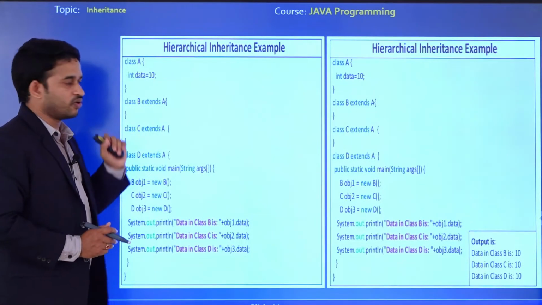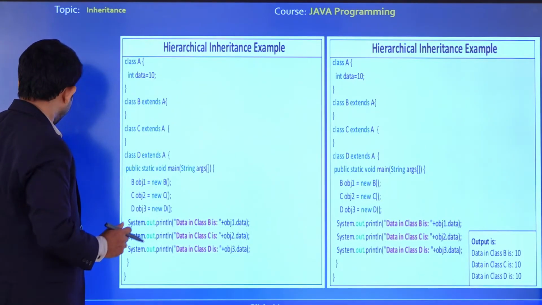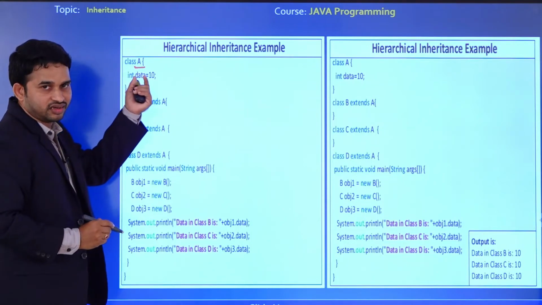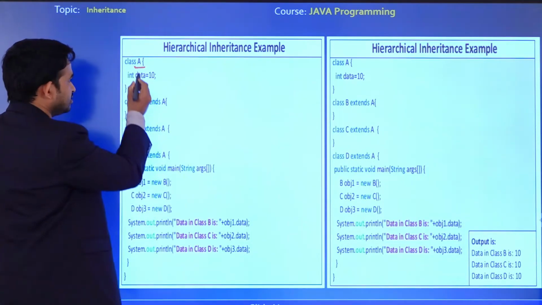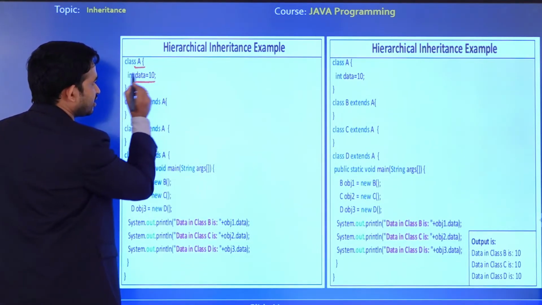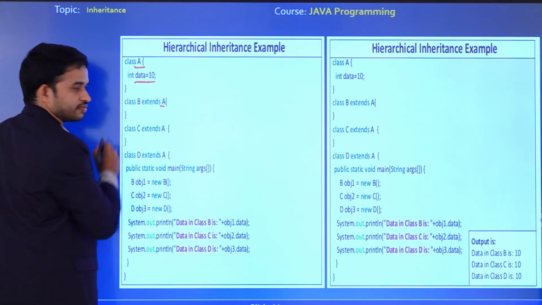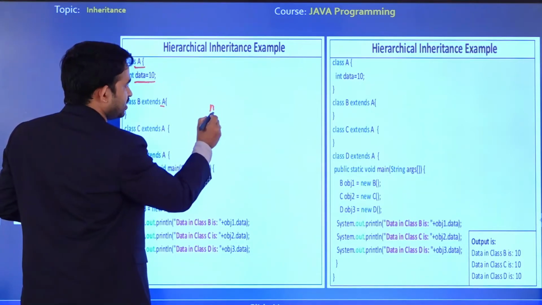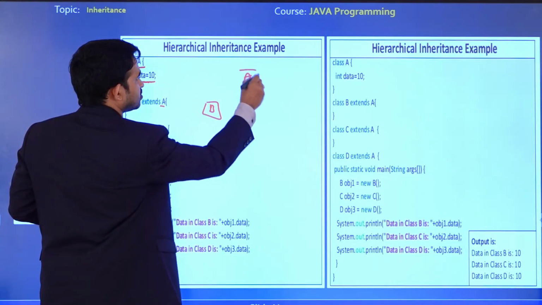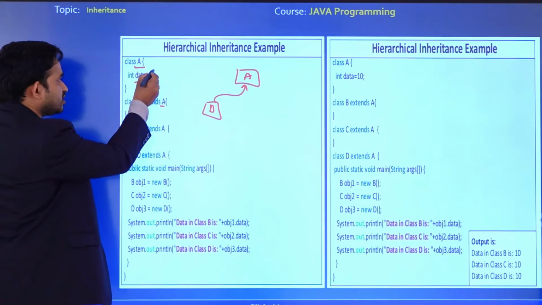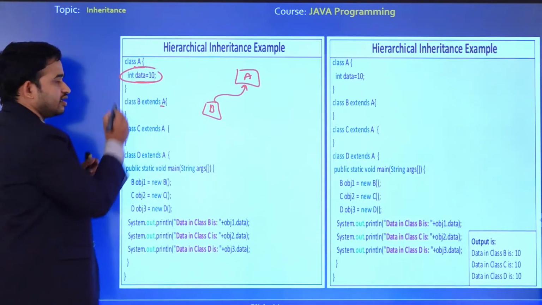So this is the example program. From this program, check it here. I declared A as the main class, also called the base class. Inside this class, I declared data = 10. Here class B extends A, which means class B is going to extend from A. What properties did you declare inside class A? data = 10.